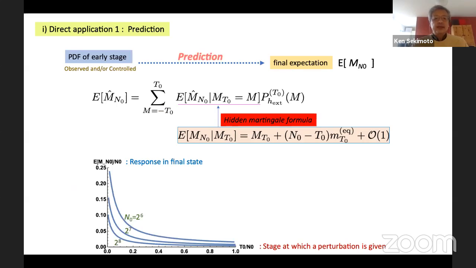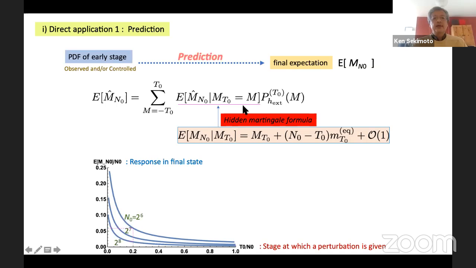Now I will speak about three consequences very briefly. The first one is a direct application to predict the final stage given the probability distribution of the early stage. Suppose I have access to the distribution function of the frozen spin at the stage of T0 spins fixed.